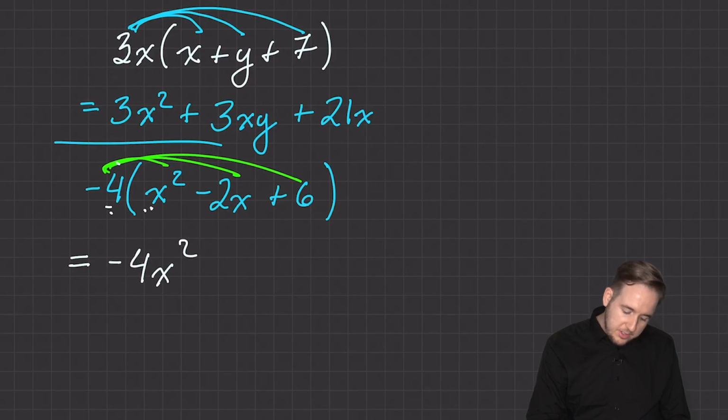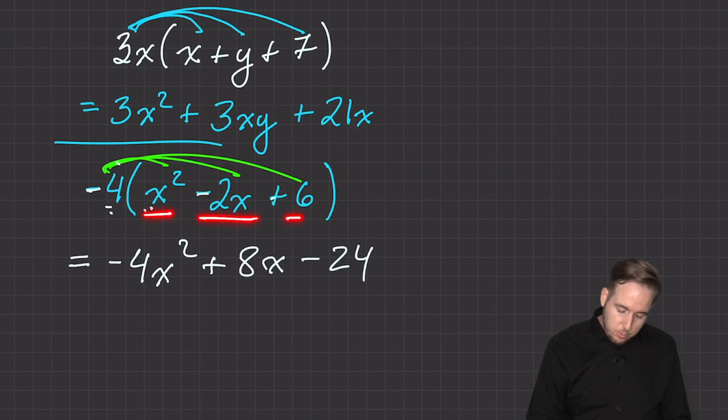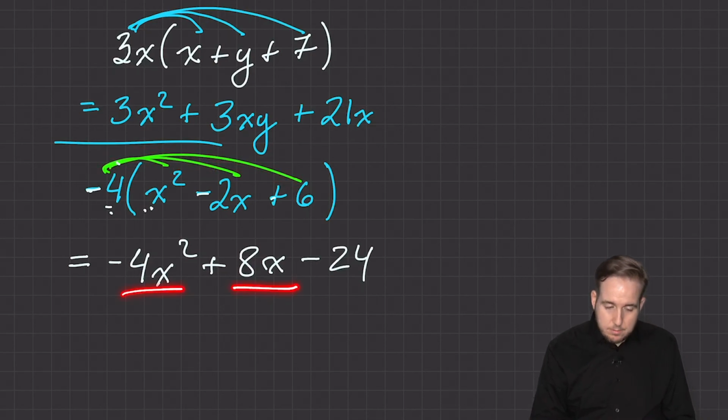The next one is negative times negative, which is a positive. 4 times 2 is 8, and then there's that x. This is a negative times that positive, which is a negative. 4 times 6 is 24. And remember, I had 3 things before inside the bracket. I gave something to all 3 of them, but I had 3 things left over when I was done.